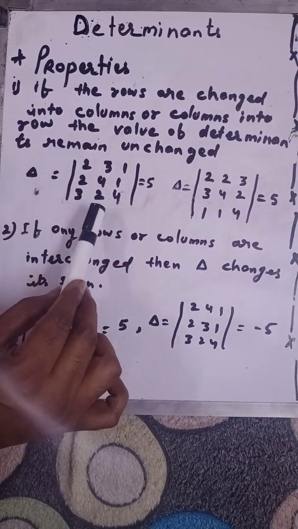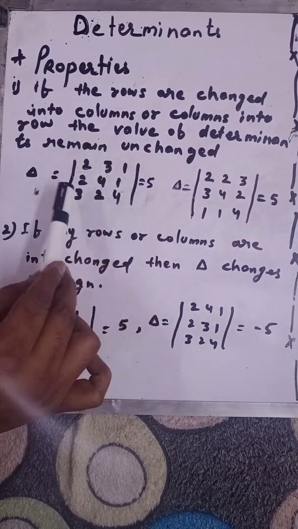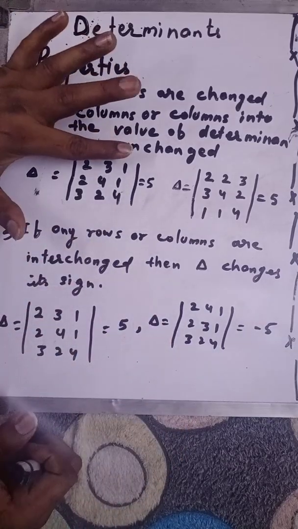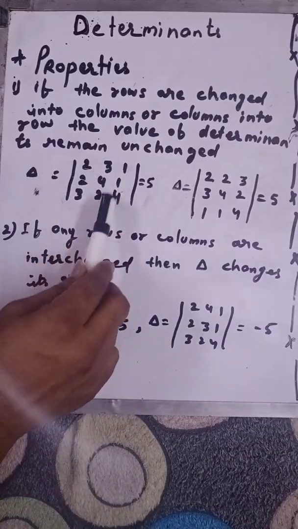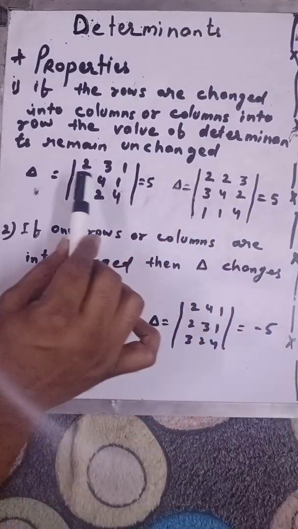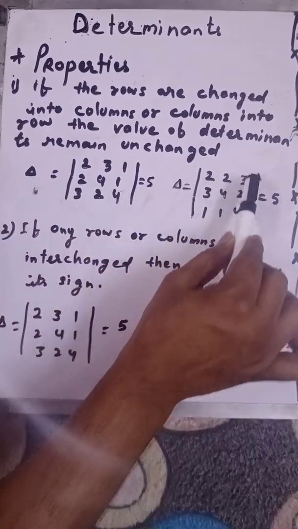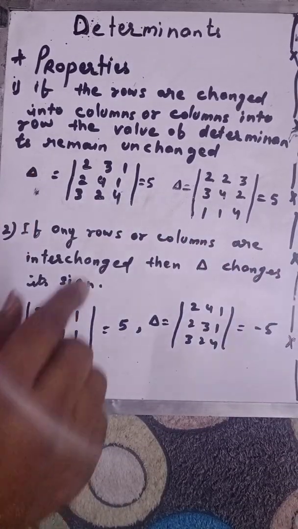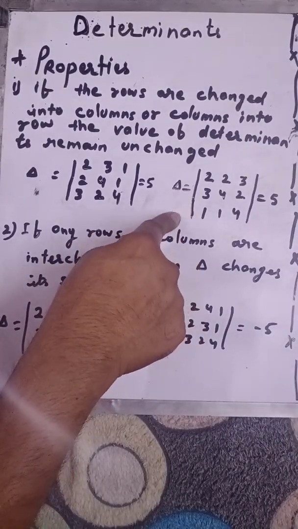If you make this row a column, and this row a column, means 2, 3, 1 is the first row and then second row, third row. We are converting these rows into columns like this: 2, 3, 1, 2, 4, 1, 3, 2, 4. So here we are interchanging the rows into columns. Then the value of your determinant will remain unchanged.